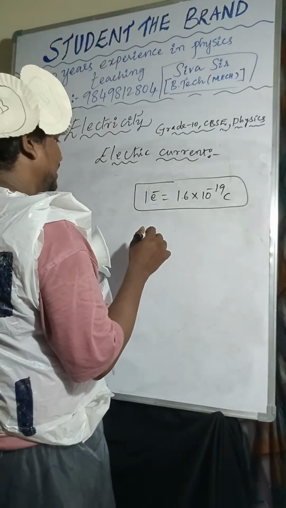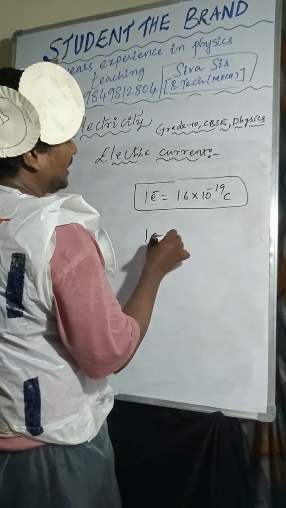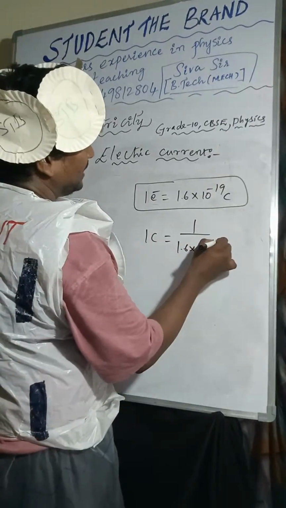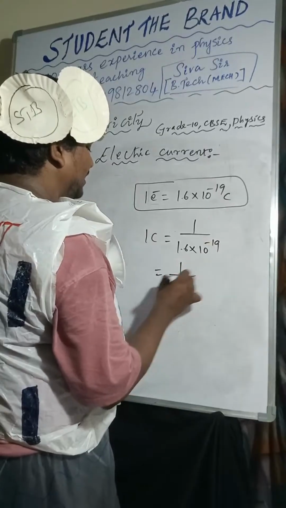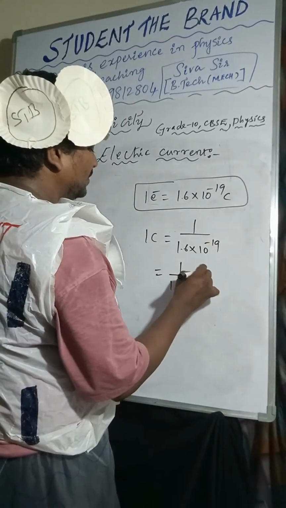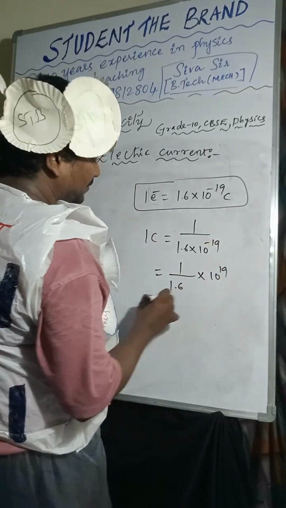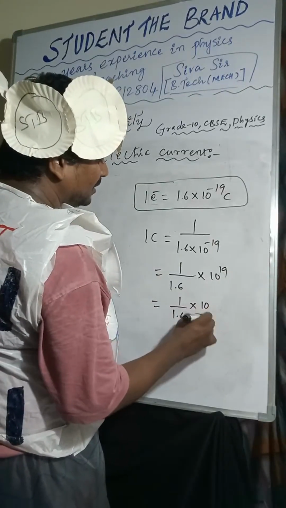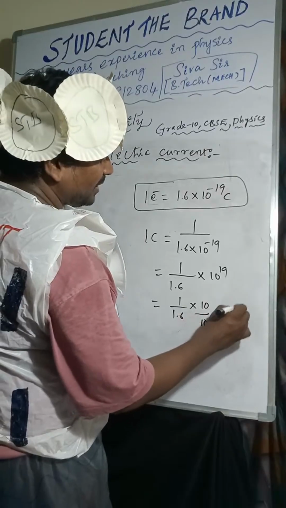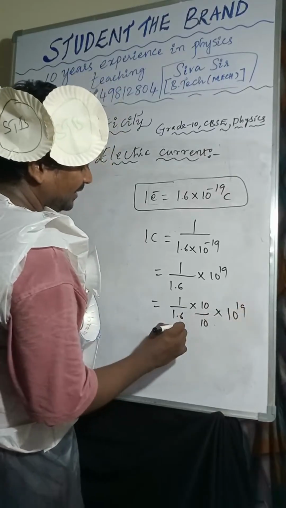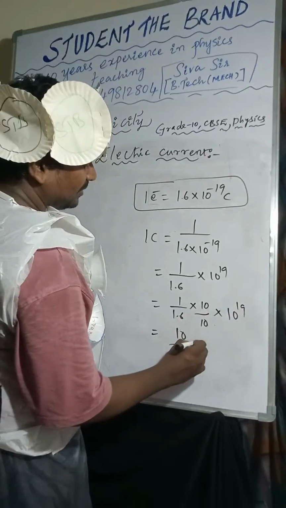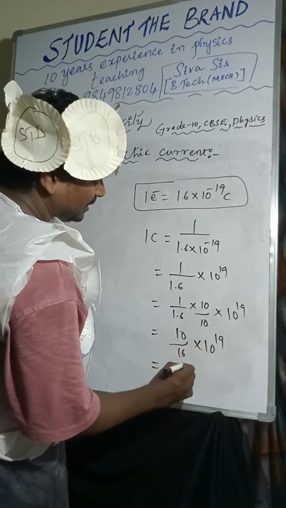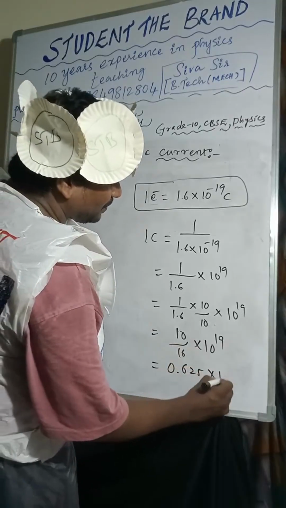So if you are taking 1 coulomb, how many electrons are present? So 1 by 1.6 into 10 power minus 19. If you solve 10 by 16, into 10 power 19, you will get 0.625 into 10 power 19.